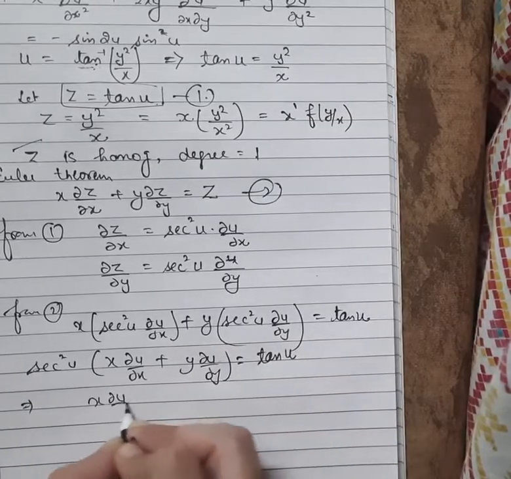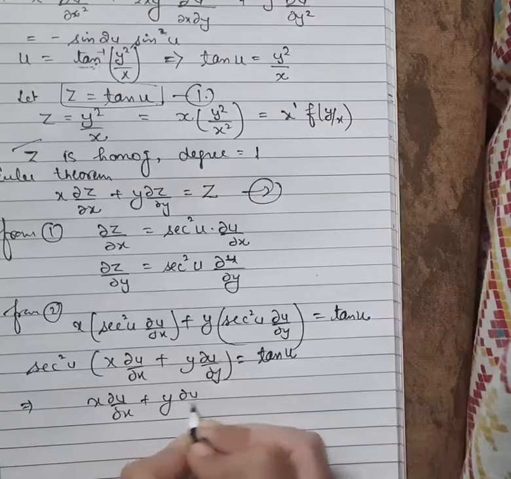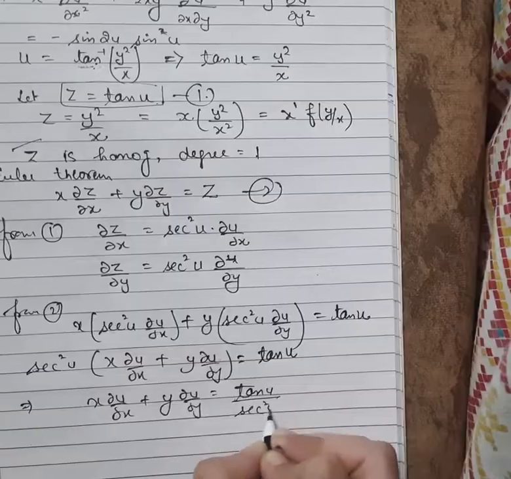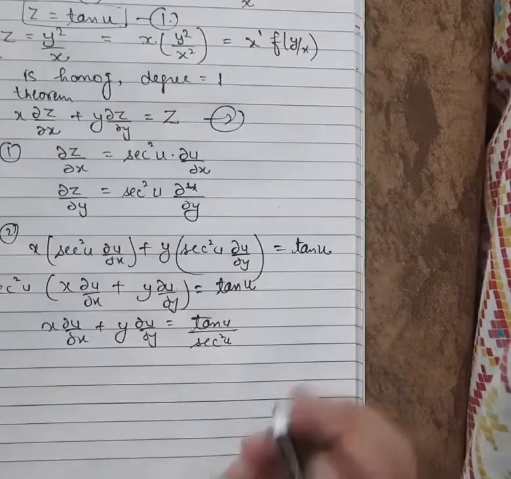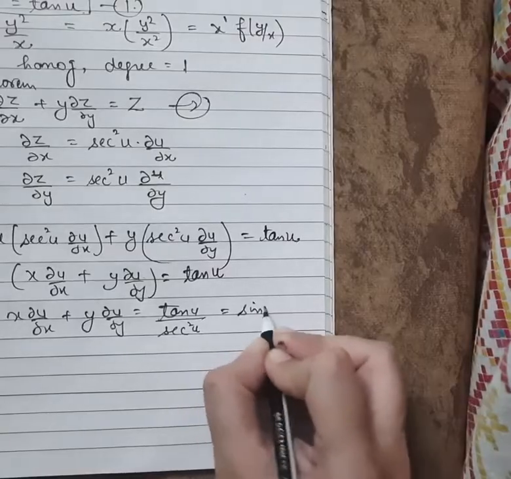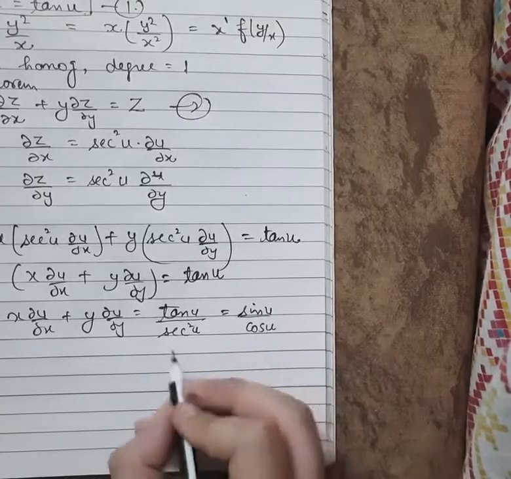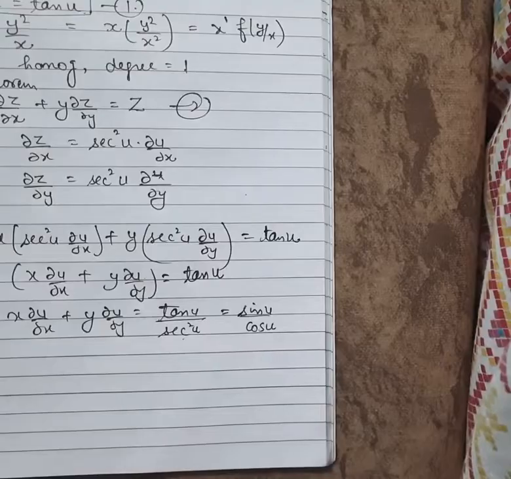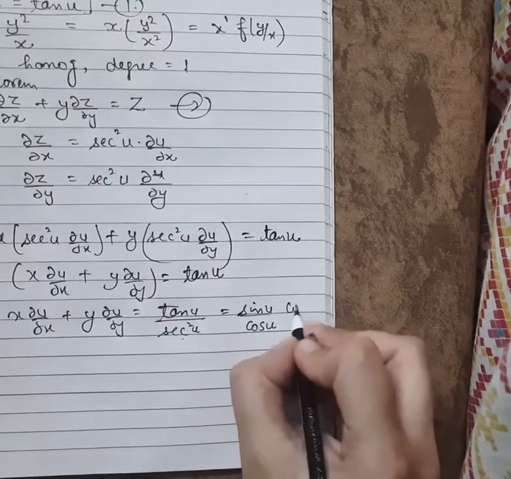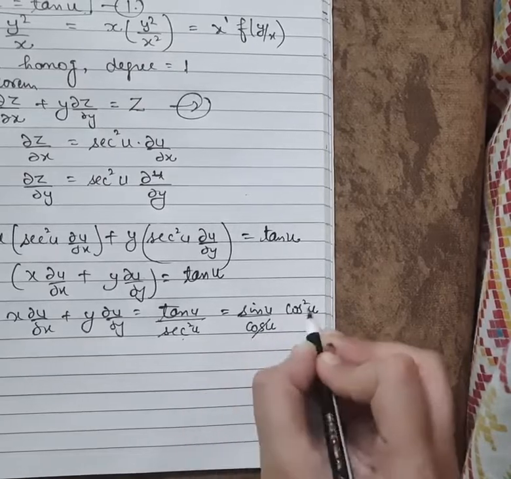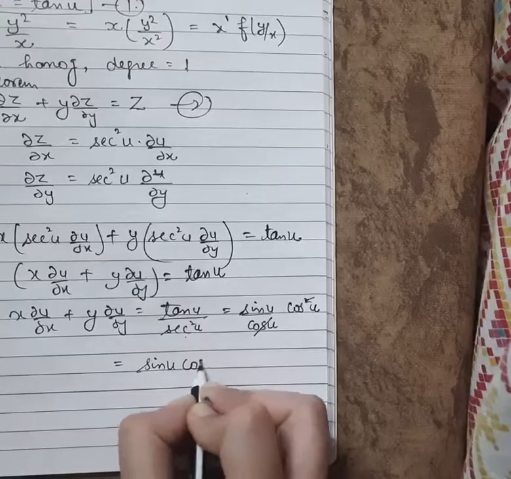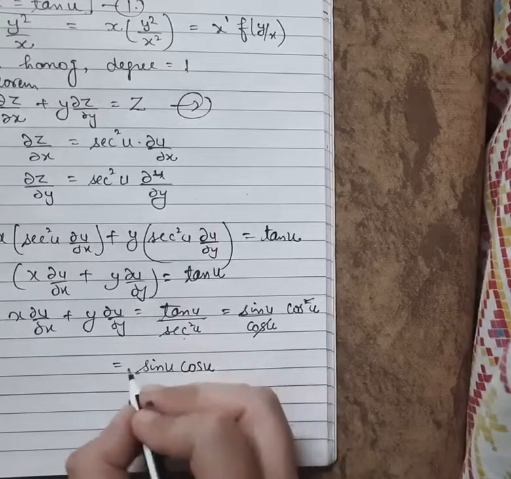Shifting secant to the right side, we can write it like tan of u upon secant square u. Let's try to simplify this right hand side now. Tan can be written like sine upon cos, and what is the secant square function? Reciprocal of cos function, yes. So it can be written like cos square u. One cos is getting cancelled out, so this is sine u into cos of u.